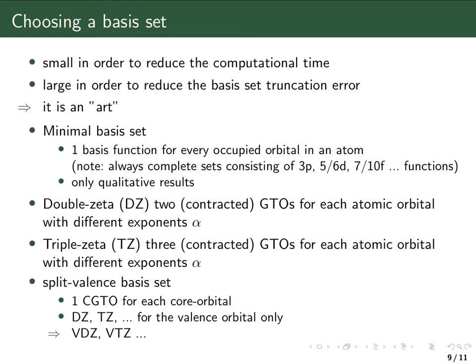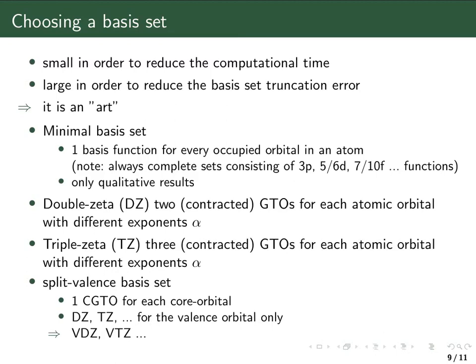One should note that one always uses a complete set of p or d or f orbitals, meaning even though in carbon only two of the p orbitals are occupied, if one uses a basis set for carbon, one would have three p functions.